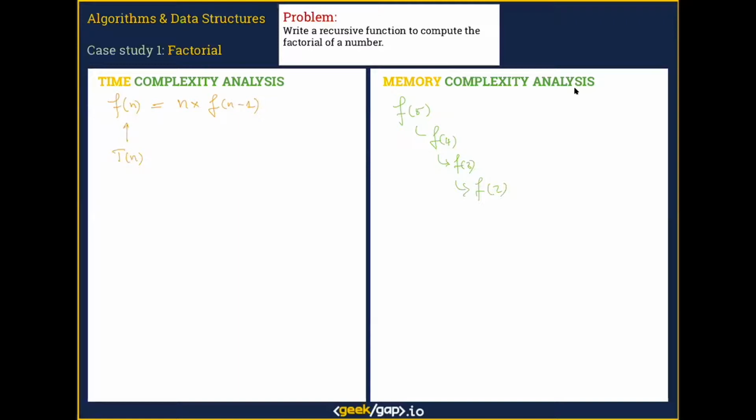In order to compute this, we need to compute this first, as the definition goes. So the time to compute this will be a function of the time to compute this. Do you follow so far?